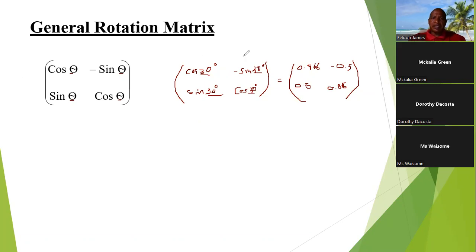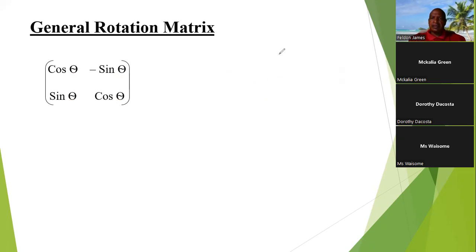So this matrix here that we have with the cos and the sine will be the general rotation matrix. And for you to use it in a specific way, you put in that specific angle that you want to rotate your pre-image by. So this is a general matrix. What you should do is familiarize yourself with the general rotation matrix, which should be easy.